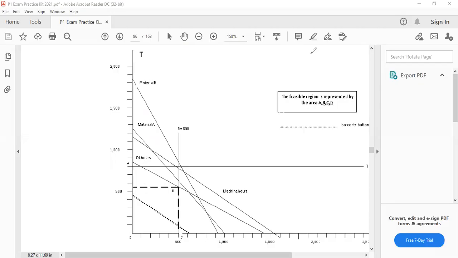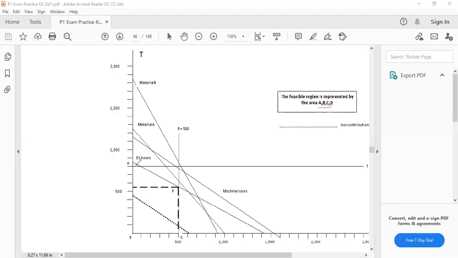So now they have identified a feasible region. The feasible region is represented by A, B, C, D. The area which is covered by all the 4 constraints is looked into, and that part is presented to us as A, B, C, D. Now the points will be where two constraints intersect. Each intersecting point will be considered as one point of the feasible region.